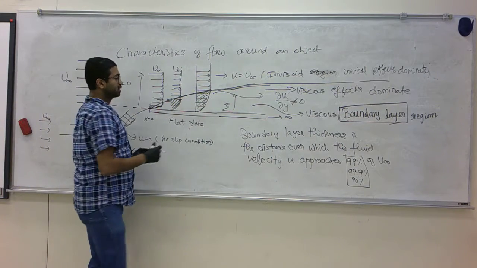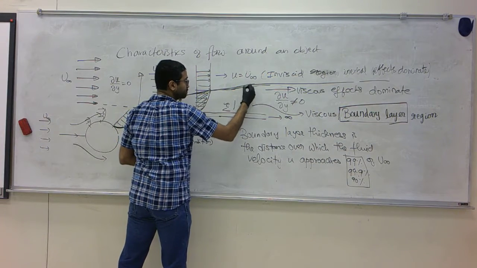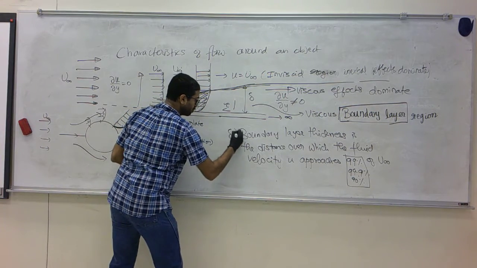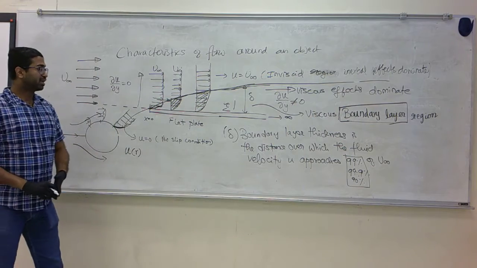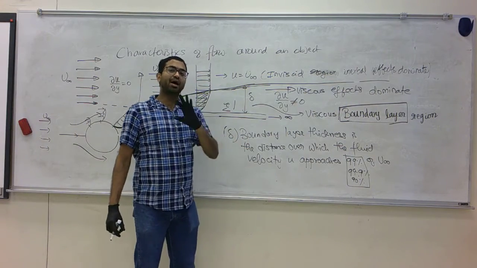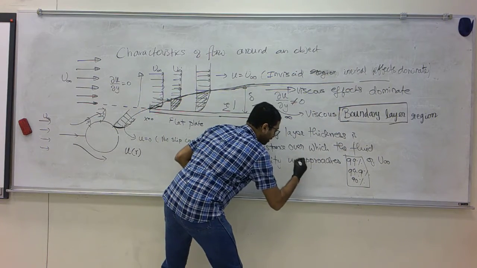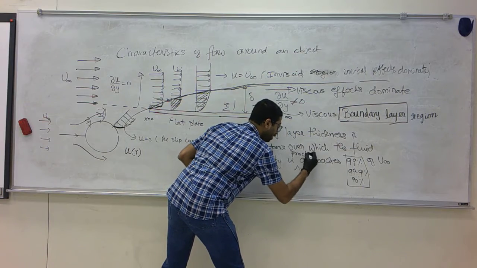Boundary layer thickness, this boundary layer thickness delta is defined as the distance over which the fluid velocity practically approaches the free stream velocity. I'll say practically. What is practical?